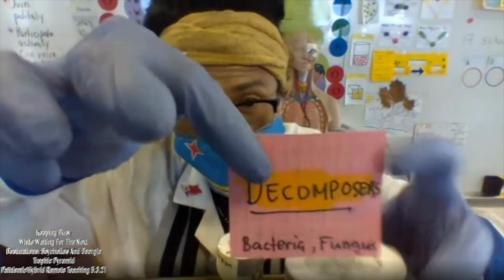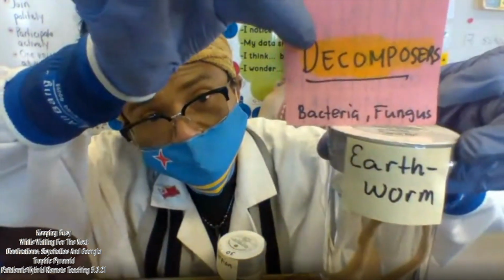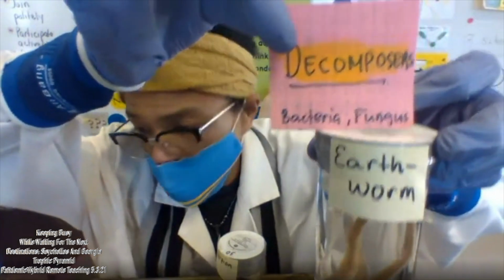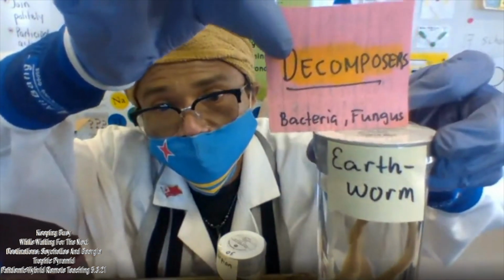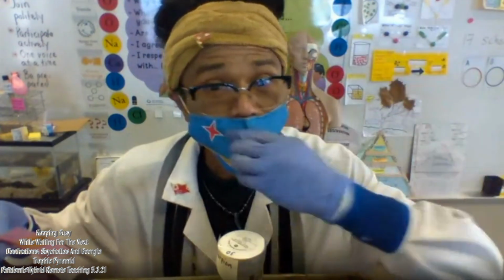Excellent. I have one example that we have used in the past as well. Could you tell me if this is a correct combination? Worm or decomposers? Yes or no? Yes. They make the soil very good for plants to grow.